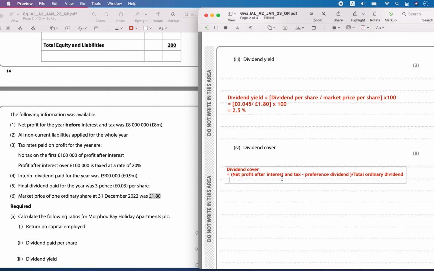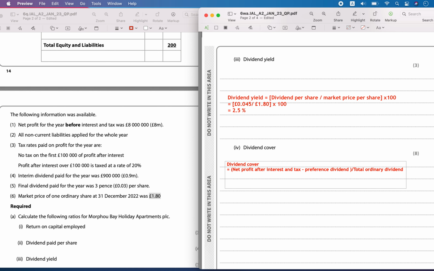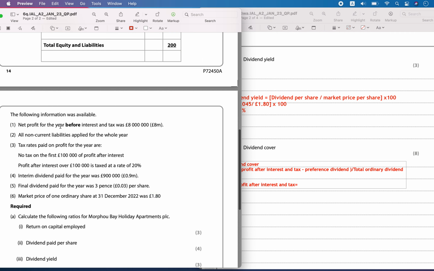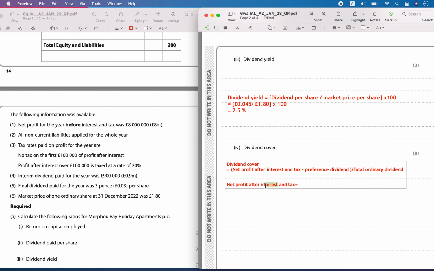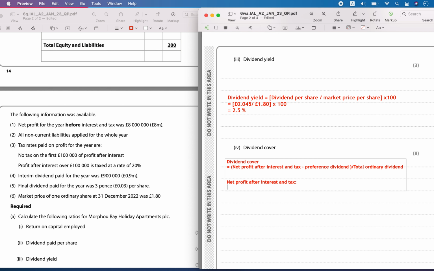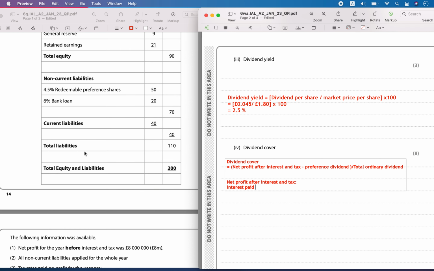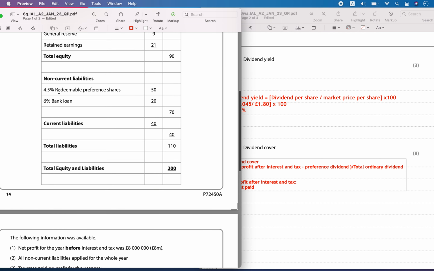So let's calculate first the net profit after the tax and the interest have been paid. You take the net profit before the tax was paid, and then calculate the interest paid. Let's calculate the interest amount. There are two things.